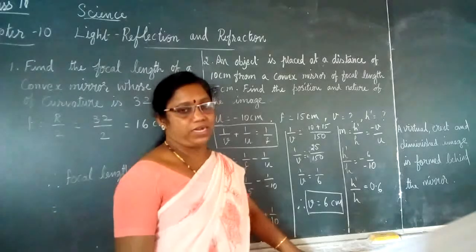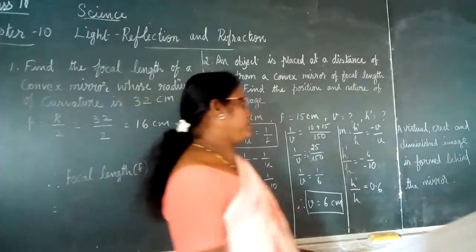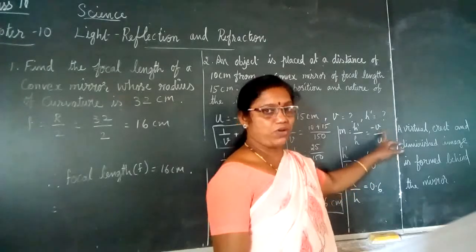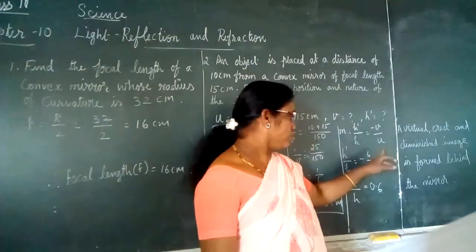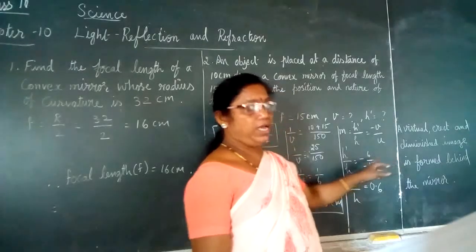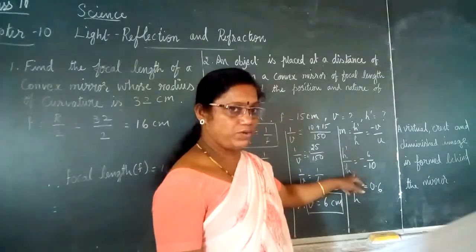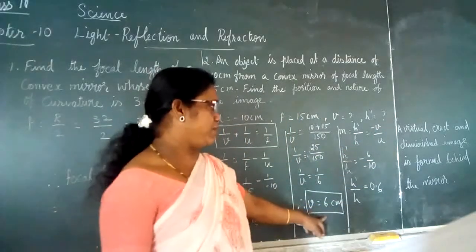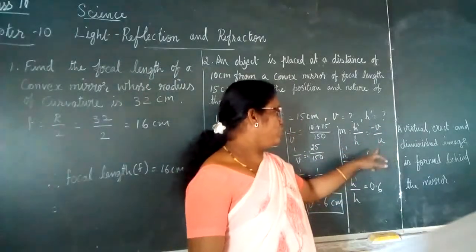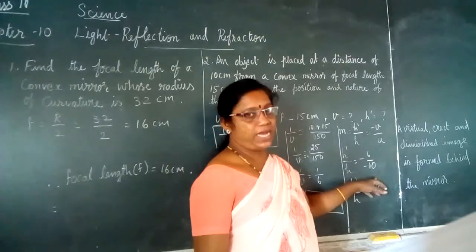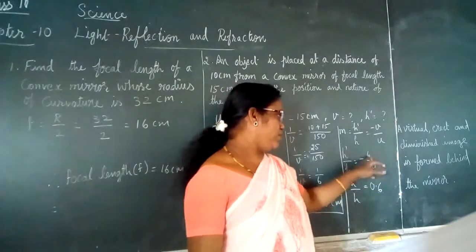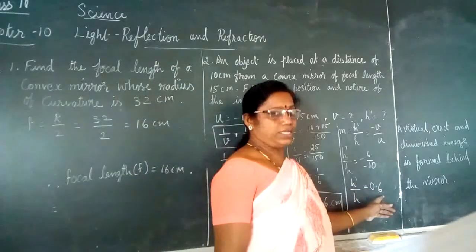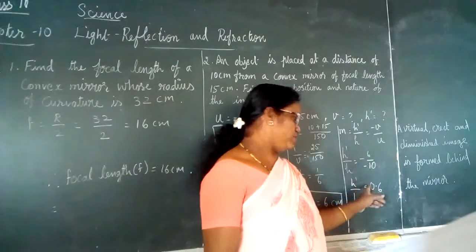Now, let us find the magnification. M is equal to h dash by h, that is equal to minus of v by u. This is the relation. Hence, h dash by h is equal to minus of v value is 6 centimeter divided by u value is minus 10 centimeter. Hence, if you divide 6 by 10, you will get 0.6 and minus of minus becomes plus.